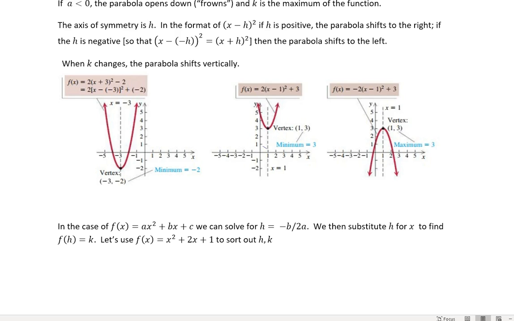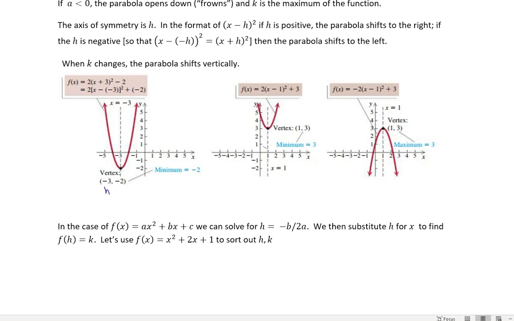All right, so a couple things we should look at. We want to think about, we've got our axis of symmetry, and we know what our x value for that is going to be. That's our h, right? We've got a couple of different variables going on here.